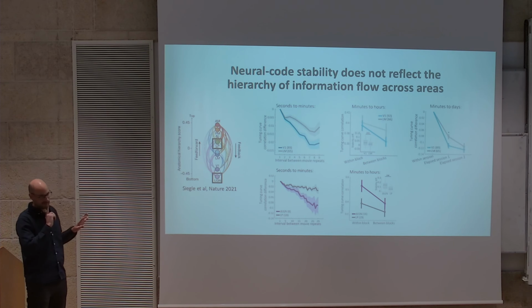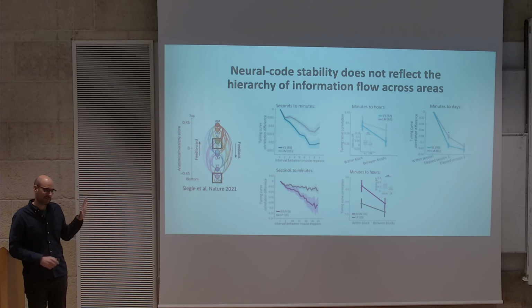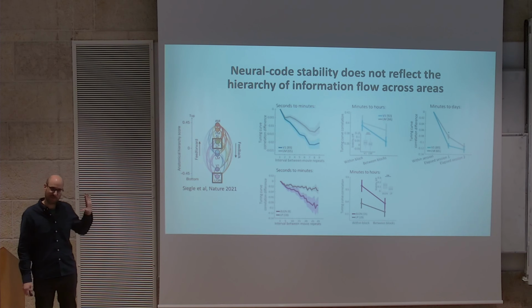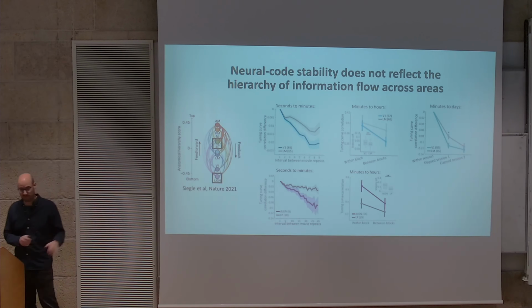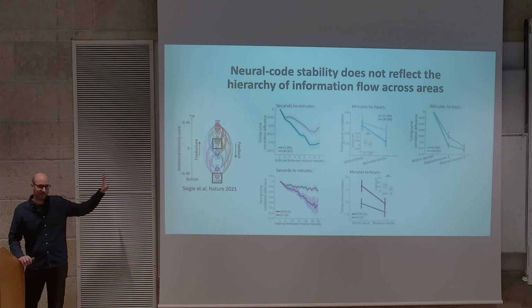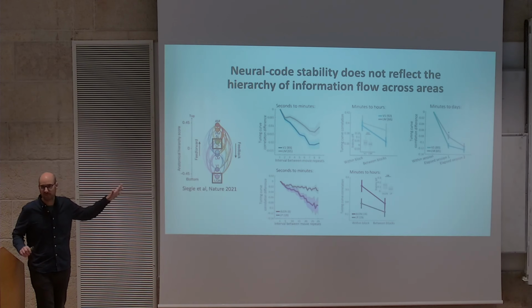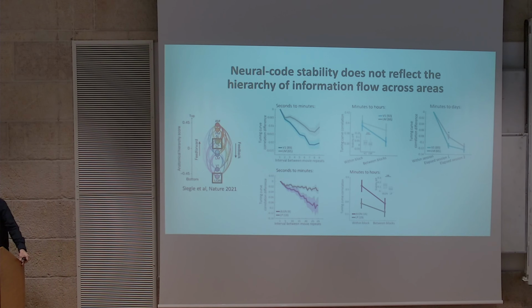Now, this suggests that the naive hypothesis, that the closer you get to the primary sensory synapse the more stable the code is, is not supported by the data, but I'm not suggesting that it's necessarily the opposite. Why am I not suggesting it's the opposite? Because these are two pairs of brain areas, and that's not enough to show systematically that it is the opposite.